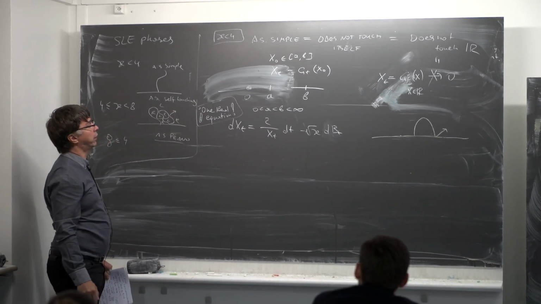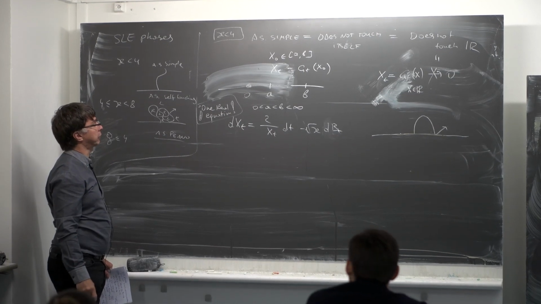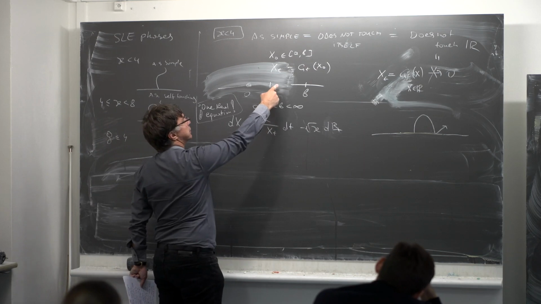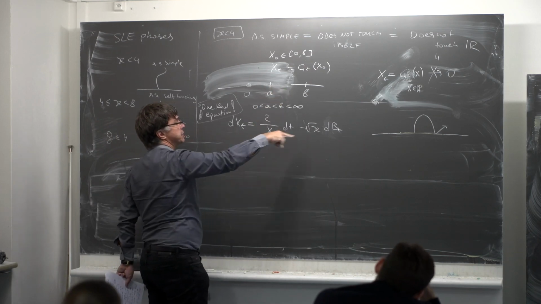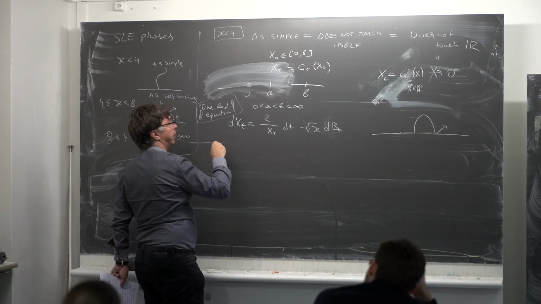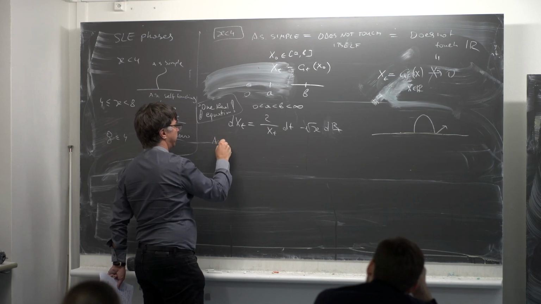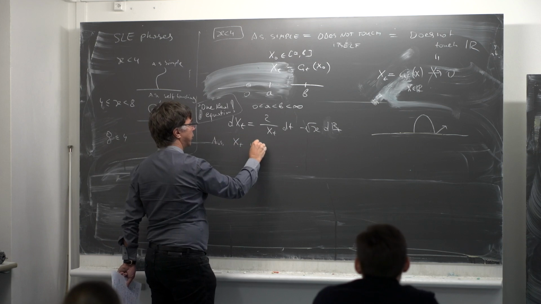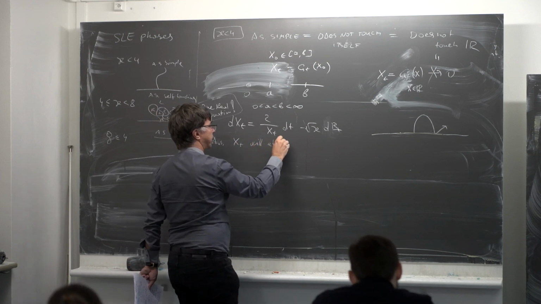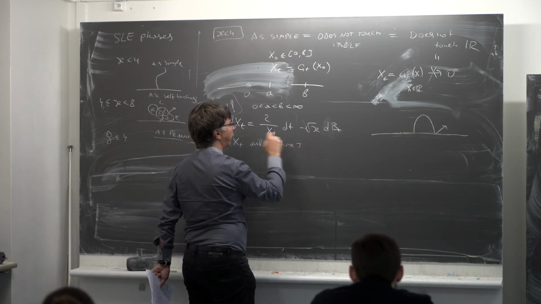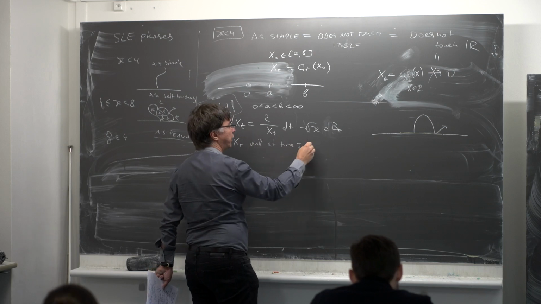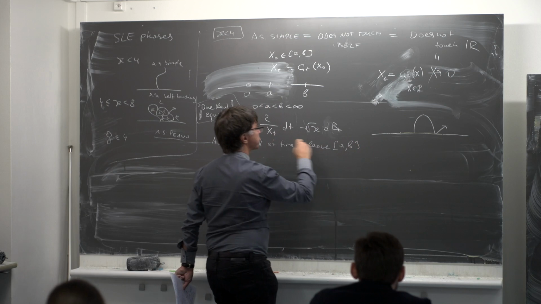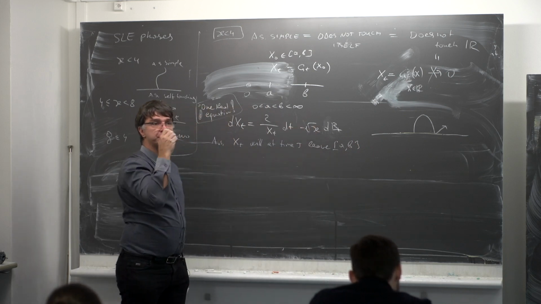Now X_t will move around by this diffusion, and almost surely at some random time tau, it will leave the interval [a,b]. Why? Because Brownian motion almost surely leaves the interval.